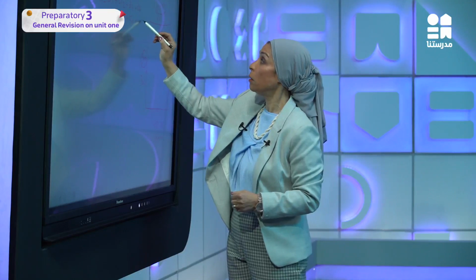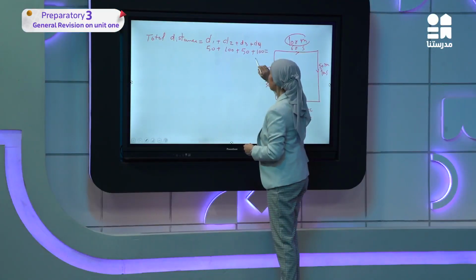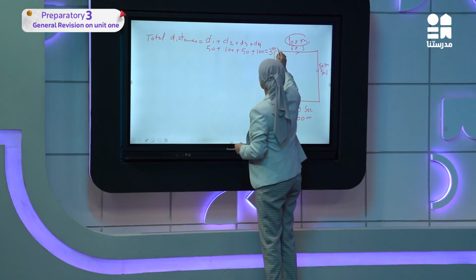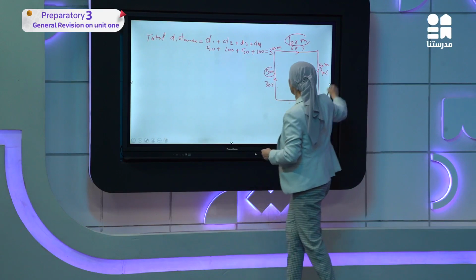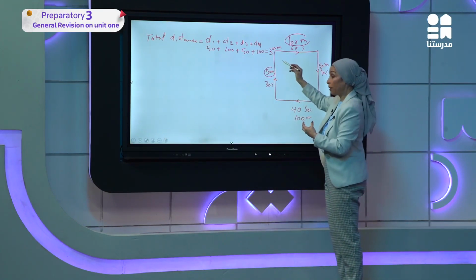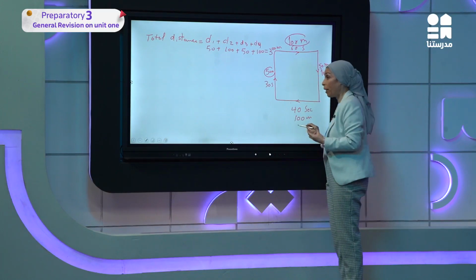If I draw it, I can recognize that I have a last distance here that I can find on my own, which is 100. So the total distance here is 300 meters. So the racer covered 300 meters in all this journey. So we found the missing part here. How can I get it?